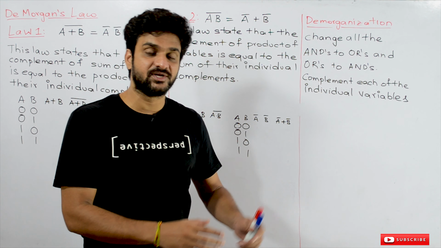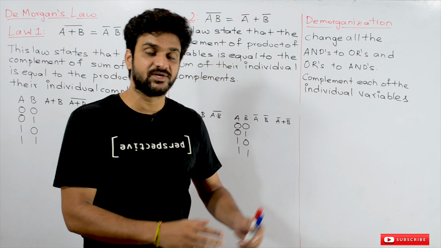The output generated by (a plus b) whole complement, with all the combinations of two inputs, is 1 0 0 0. Similarly, the output of a complement dot b complement is also 1 0 0 0. So both of them are equal, and this is what we call De Morgan's law.